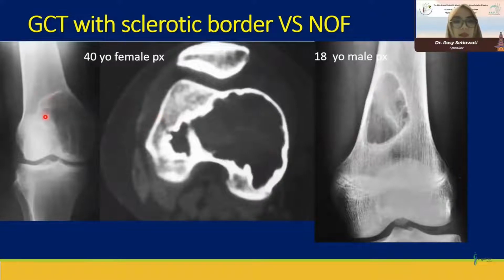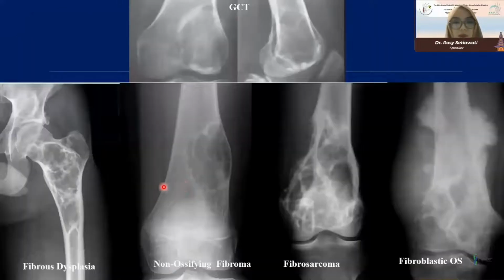If we compare with other fibrous tumors, from benign to aggressive, we can see the lesion is more trabeculated with a more sclerotic border. We can also see this involving the diaphyseal area as well.